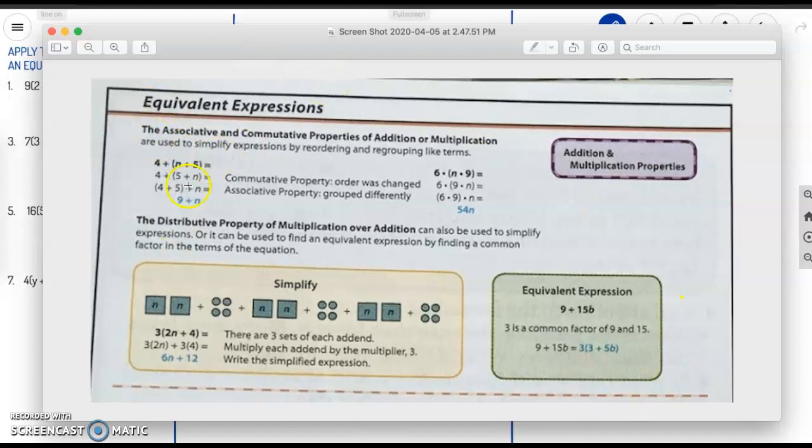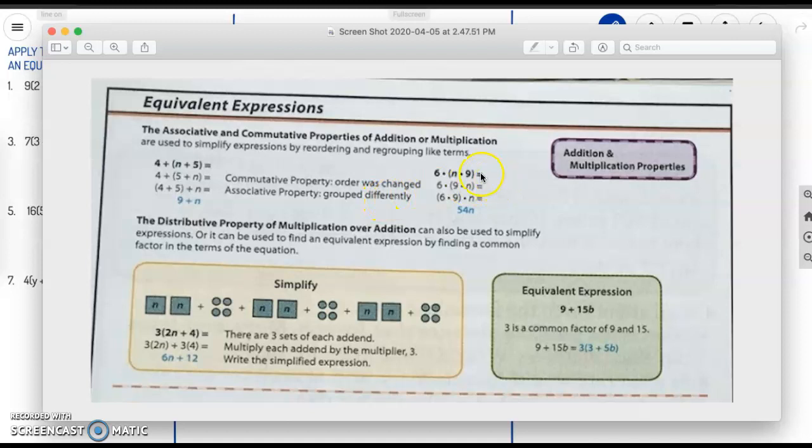So this is just a review of the properties we've been studying for the past few weeks or months. Let's review them: the associative property, the commutative property, and our distributive property. The associative property just tells us that you can group things differently.